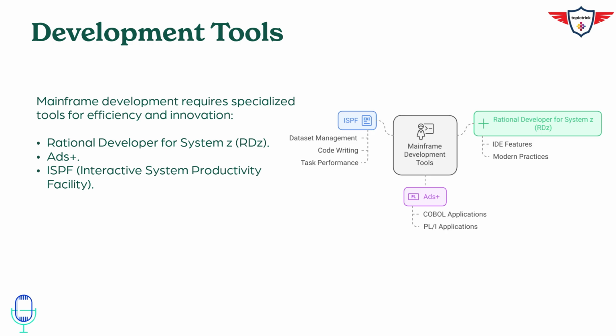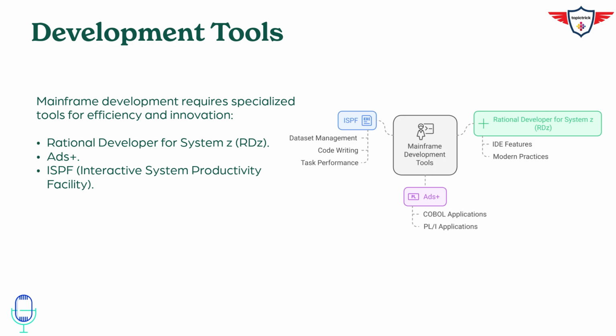So it takes care of the boilerplate code, allowing developers to focus on the unique logic of the application. That's a great way to put it. So ADS+ can generate code based on predefined templates and business rules, reducing the amount of manual coding required and minimizing the potential for errors.